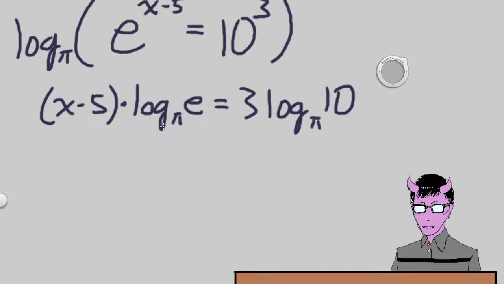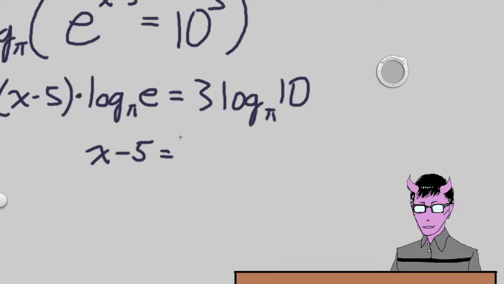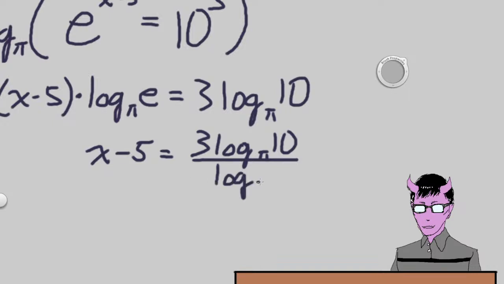This is a constant, so we shall divide it from both sides to free x minus 5. So x minus 5 is equal to that chunk divided by that chunk. So it becomes 3 times log base pi of 10 all over log base pi of e. Wonderful.